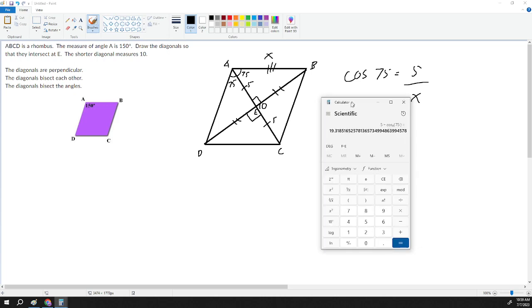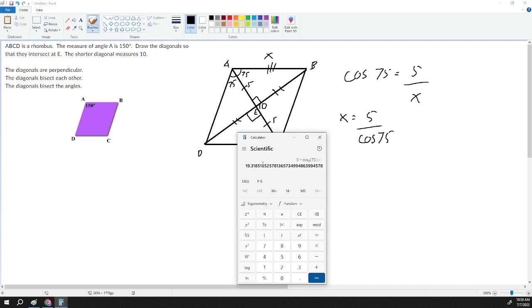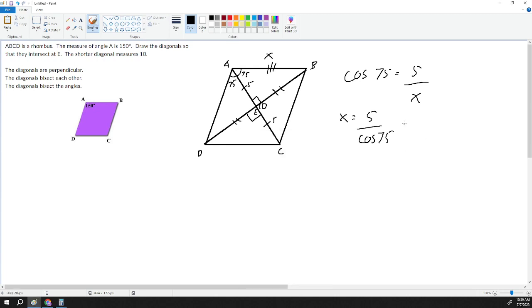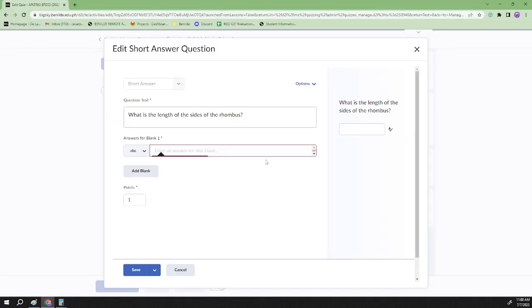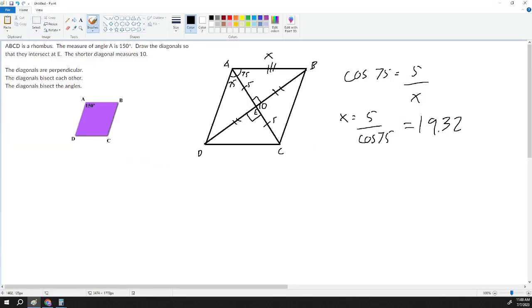You get 19.31. Pero, since 8 yung third decimal, we have to round it up. 19.32 is the right answer. So this is 19.32. And again, this is a rhombus, so all of this is 19.32.